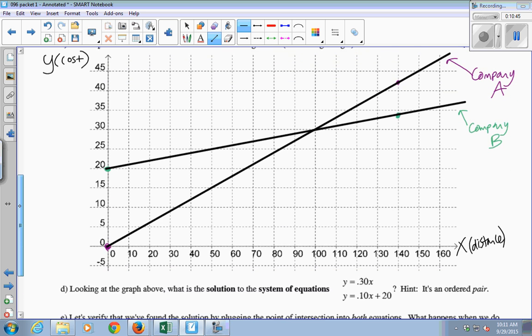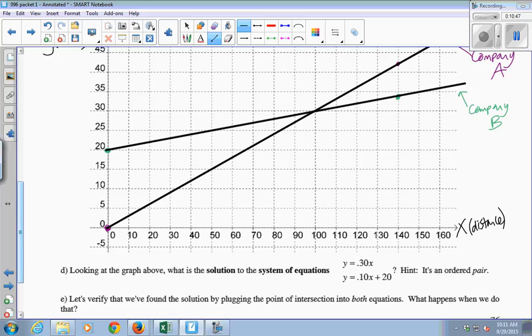Okay, so looking at the graph, what's the solution to this system, right? So I have the system y equals 0.3x and y equals 0.10x plus 20. So I've got two different equations, and two unknowns. There's two equations there. My two unknowns are x and y. I want to find the solution to the system. What x and y lies on both lines?